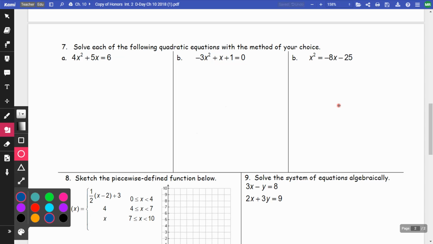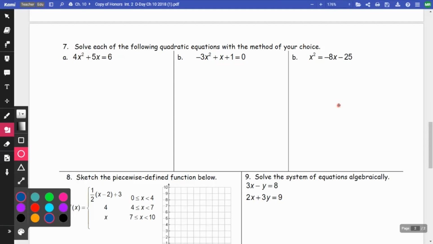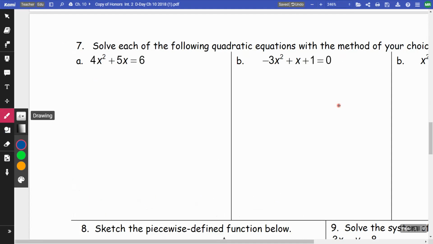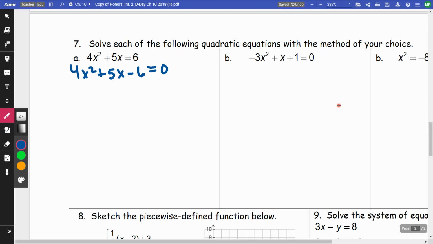On 7, 8, 7A, B, and C, we're solving quadratics. In this case, I have 4x squared plus 5x minus 6 equals 0. And I do believe this is factorable.